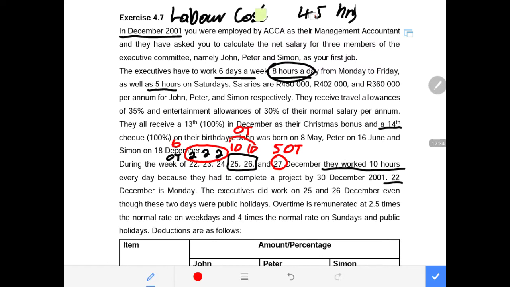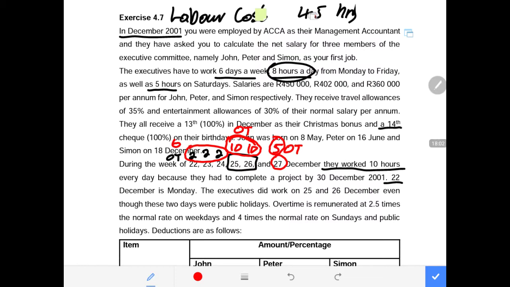Then on public holiday and Sundays, which in this case is public holiday, they worked 10 hours on Thursday and 10 on Friday, which is 25 and 26. On Saturday, they worked another 10 hours, of which the overtime is only 5 hours, because they are only allowed to work 5 hours on Saturday. So the minute it is 10 hours, meaning another 5 hours, it is overtime.